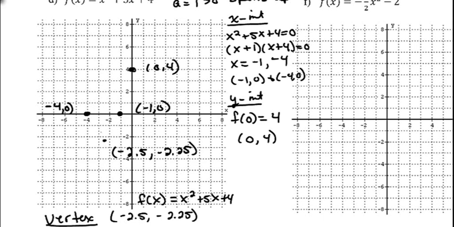And our axis of symmetry is at negative 2.5, so it's right there, and so this point right here is 2.5 units away from our vertex, and so we can go 2.5 units this direction to get another point, at the same y value as this y-intercept here. And so that gives me, oops, that gives me the point negative 5, 4.